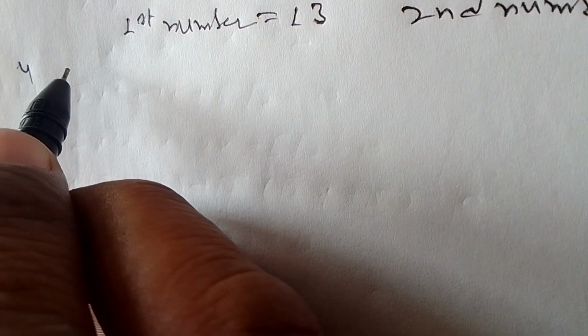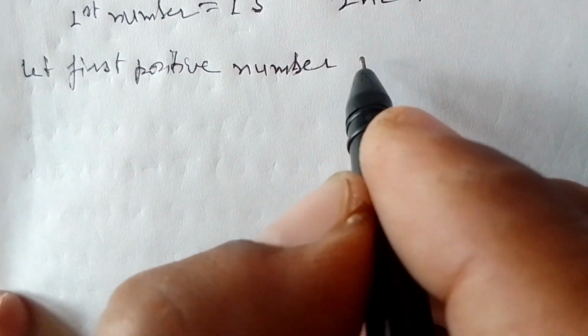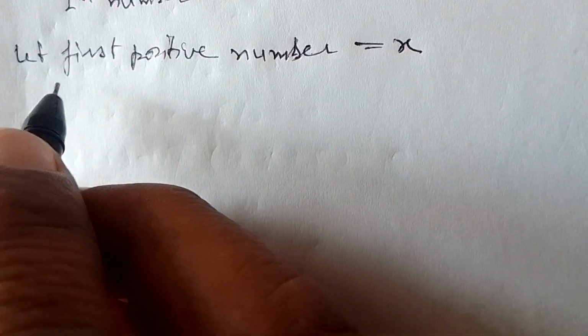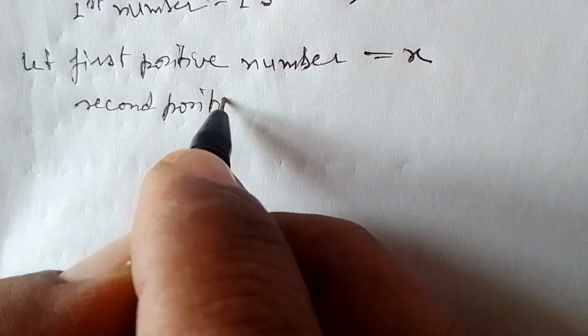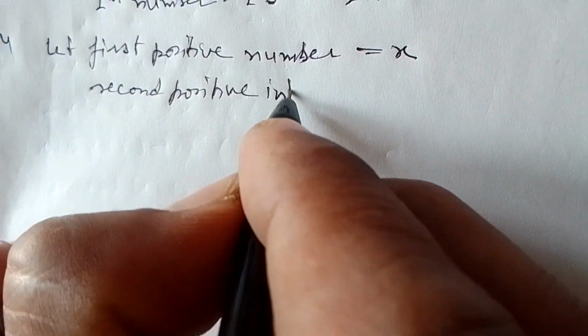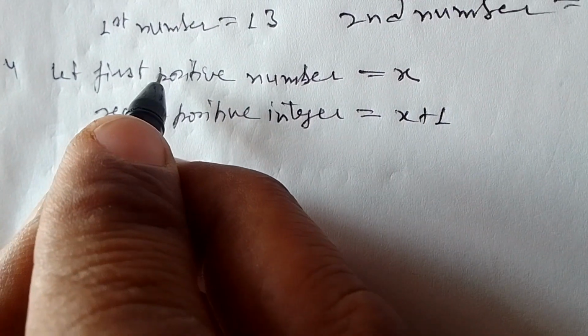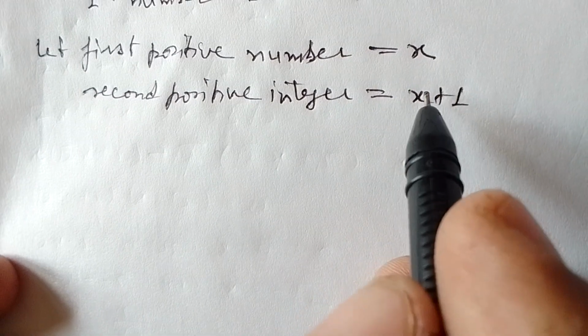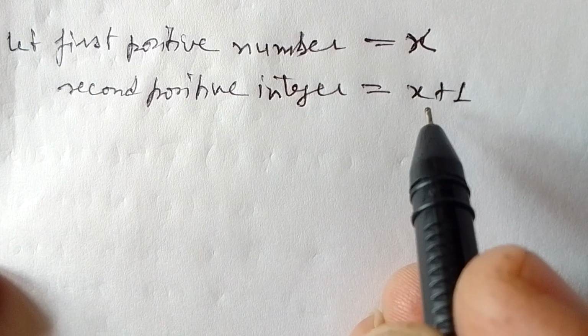Fourth question, the solution is, let the first positive number be x, second positive integer is x plus 1, because we have two consecutive integers. So if we consider first as x, then the next consecutive integer will be x plus 1.